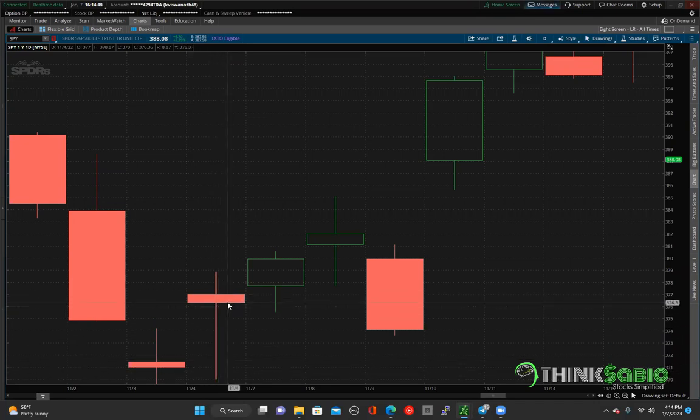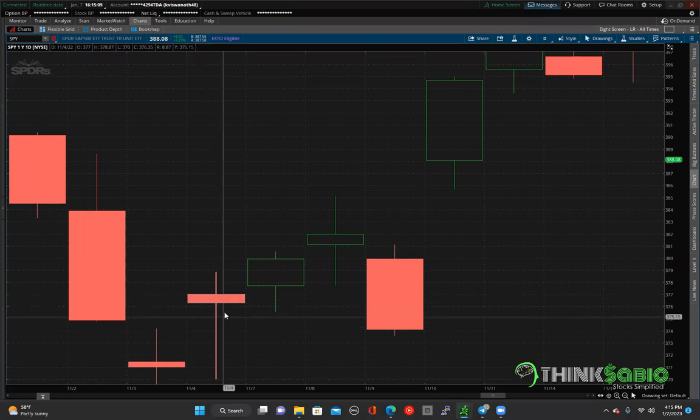That means at one point, S&P 500 on 4th November 2022, it went all the way down here. But by the end of the day, it went all the way back up. So that's the reason why we have a big wick here. What that means is we have a lot of buying pressure that came somewhere in the day when it went all the way to 370.